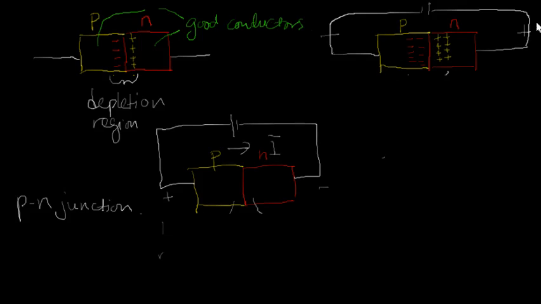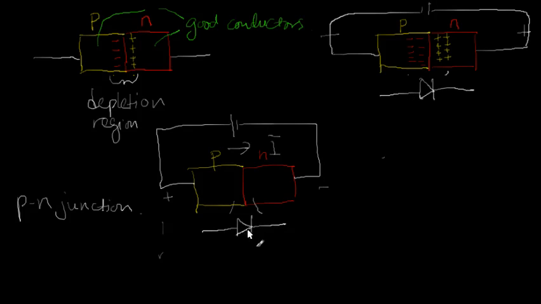This is the direction in which current cannot flow. This is the direction in which current can flow. So a diode symbol is represented by a triangle pointing in the direction that the current can flow in, a line here, and the wires joining to it. So that is the symbol for a diode.